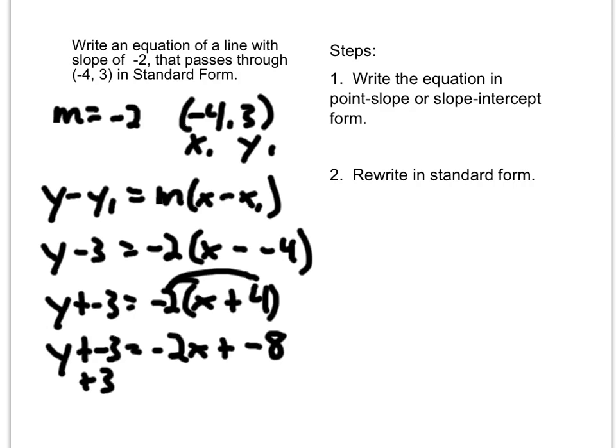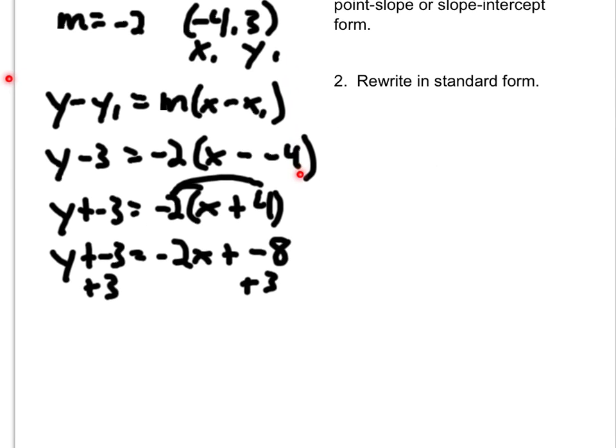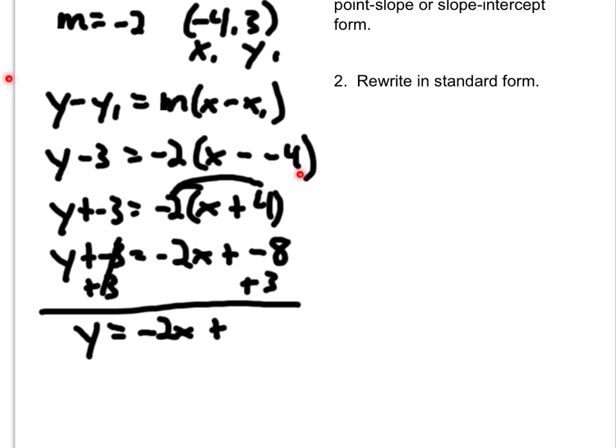So we'll add 3 to each side, because we know that negative 3 and positive 3 are going to cancel each other out, and that leaves me with y equals negative 2x plus, and negative 8 plus 3 is negative 5. Now I've got to get my x on the other side, so I'm going to add 2x to get it away.